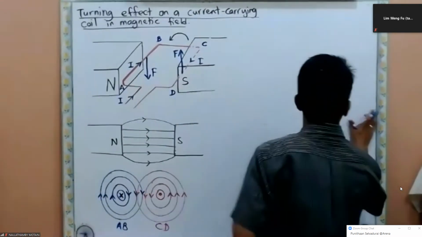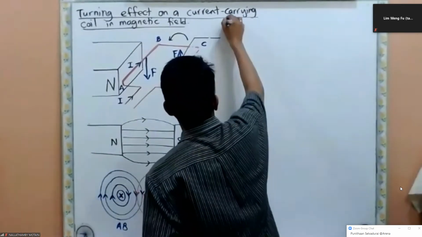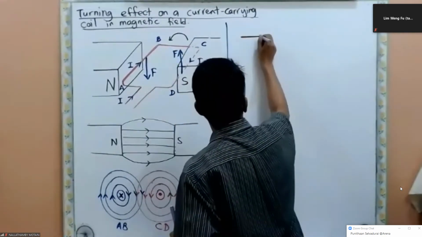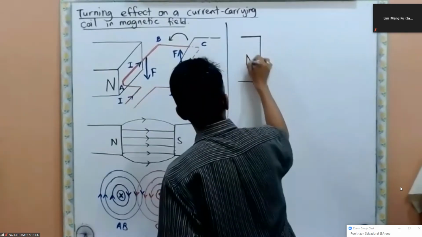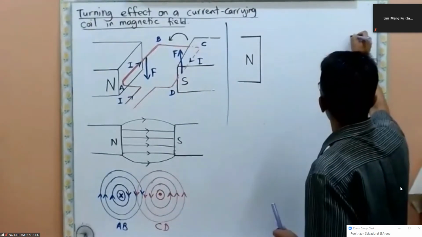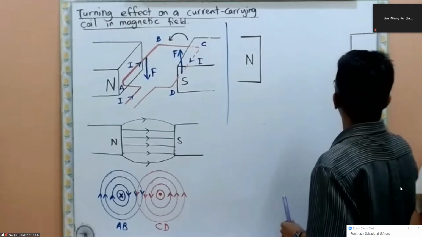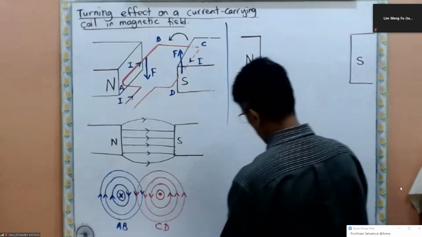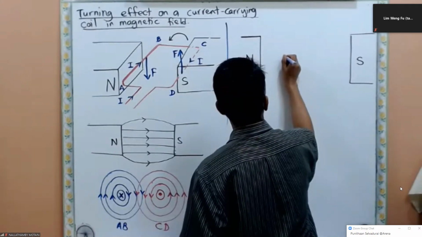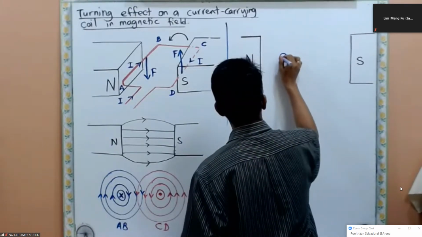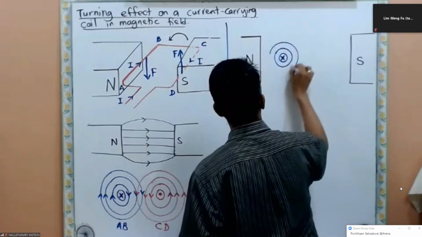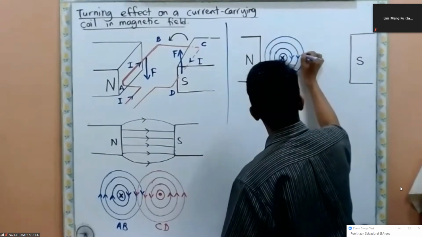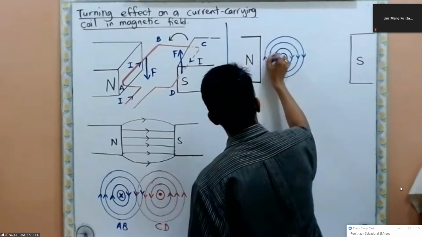So, north, over here south, then left hand side it is cross in, magnetic field is in the clockwise direction.